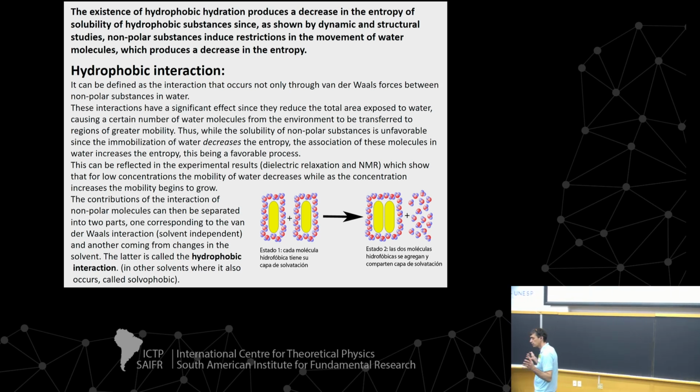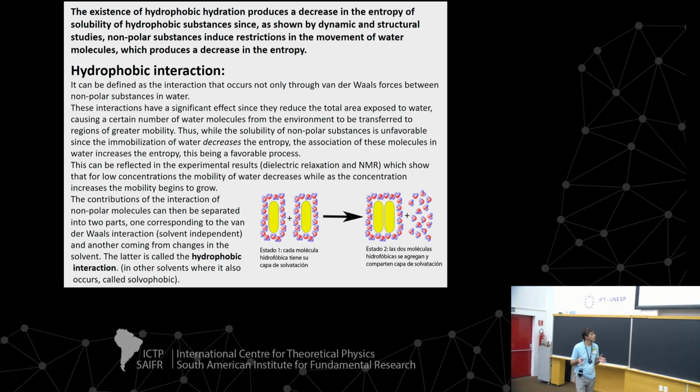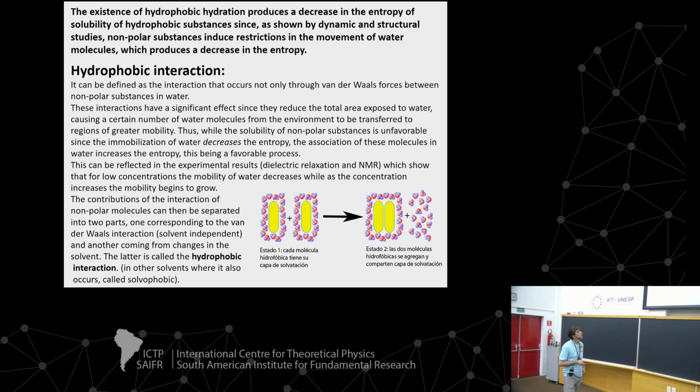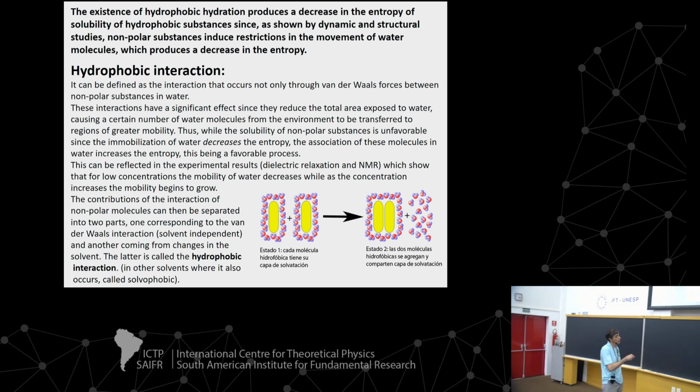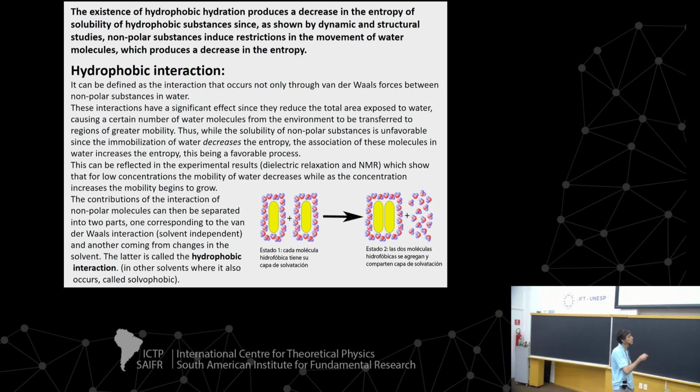That is, if you had, for example, two nonpolar molecules, or two walls, two solutes, you will have this situation. This is for one of them, it will be hydrated. Water molecules are not comfortable here since they don't have large interactions with the wall, and they are going to be more restricted in their movement.